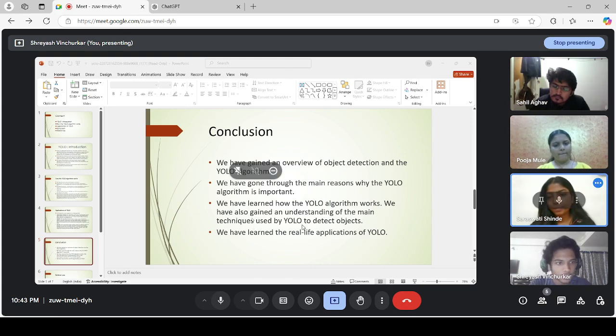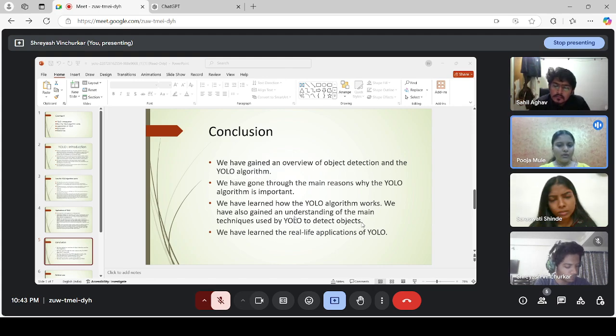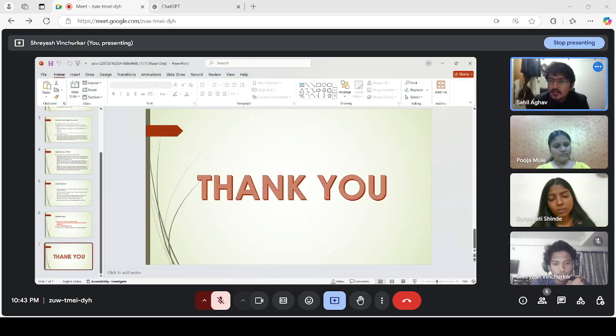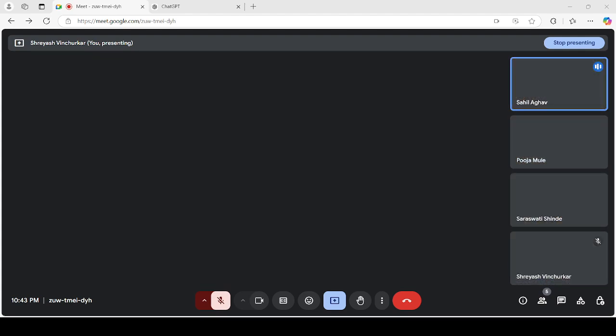Oh, thank you. So I also have a question. What is a bounding box in the context of YOLO, and what key attributes does it include? Anyone? Okay, you are asking about the bounding box, right? Basically, a bounding box is a rectangular borderline that forms around the object to be detected.